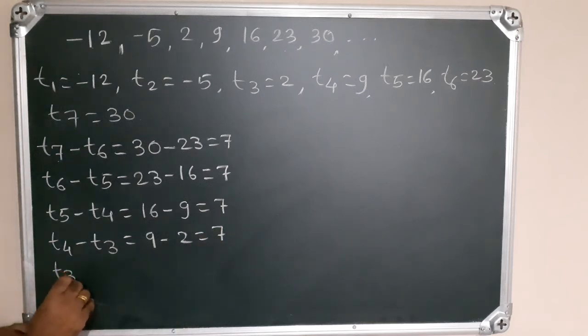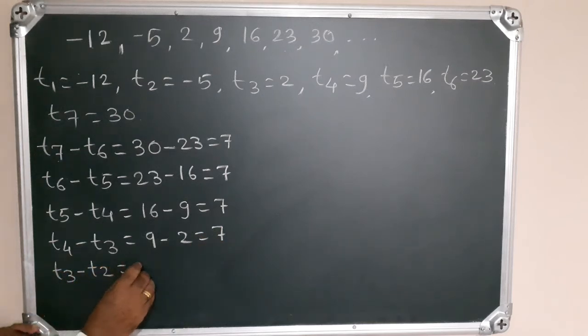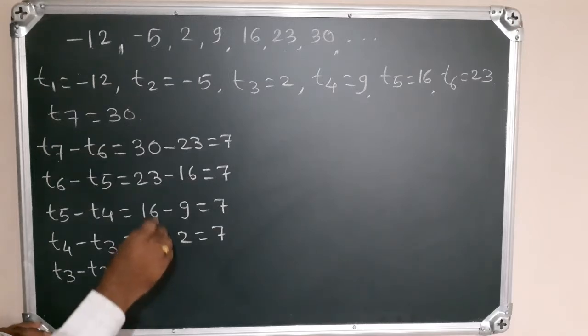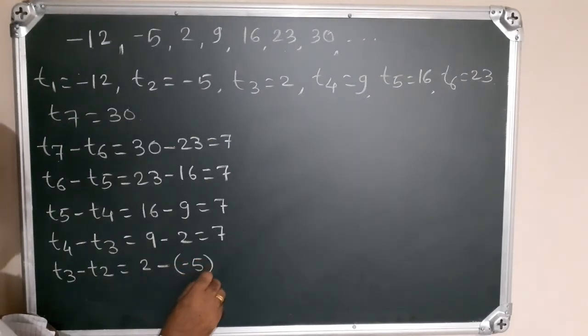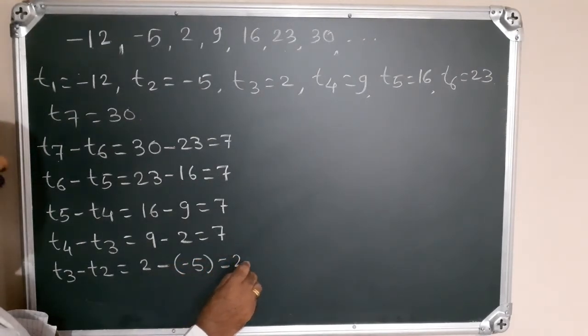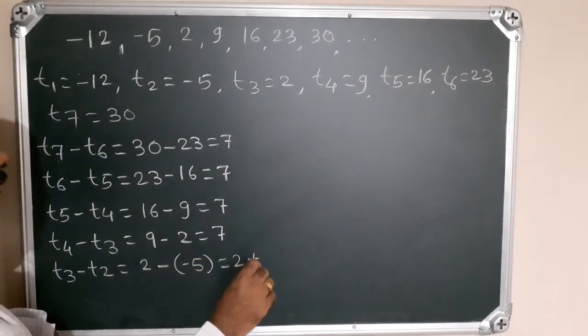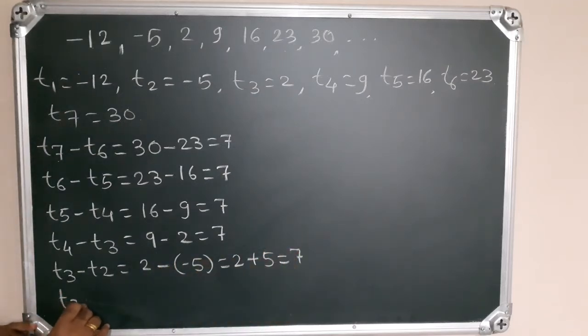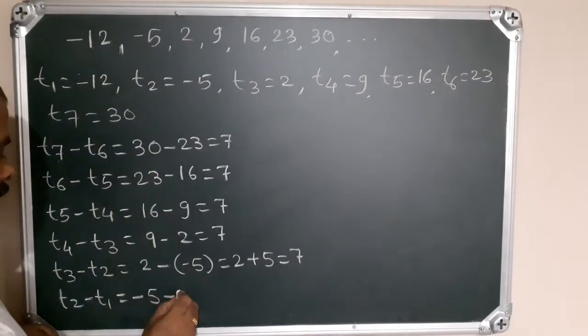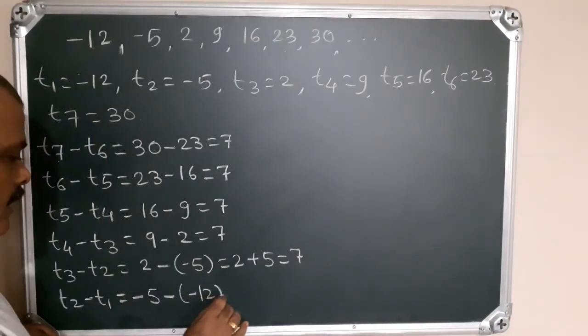Then T3 minus T2 is 2 minus, and T2 is minus 5, so write in bracket minus 5. This becomes 2 plus 5, which is 7. Then T2 minus T1 is minus 5 minus, and T1 is minus 12, so write in bracket.